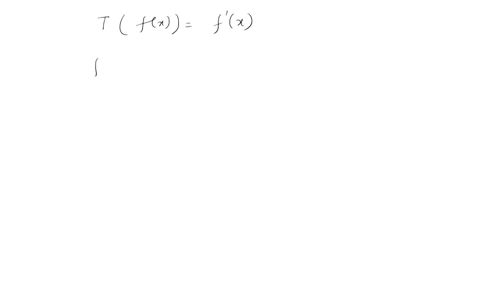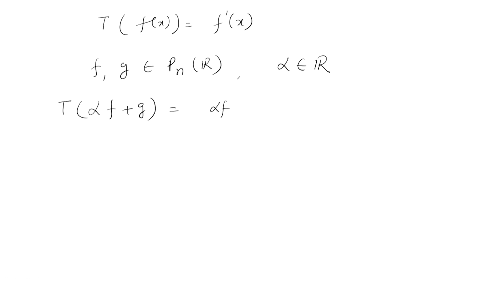Now, you take any f and g in P_n over R, and alpha belonging to the field. The field here is R. You take T of alpha f plus g. T of this will be nothing but the derivative of alpha f plus g by this definition, and this is nothing but alpha times f dash plus g dash, and this is alpha times T of f plus T of g.